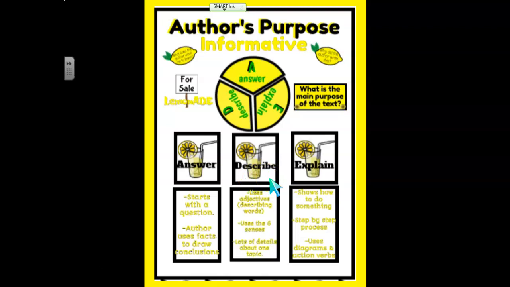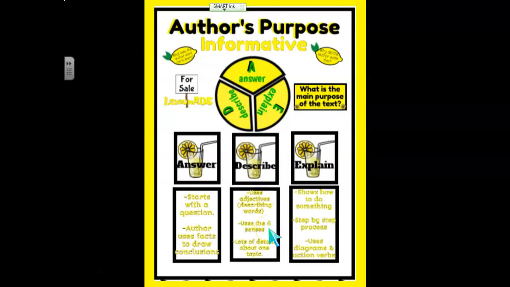Another reason an author may write is to describe something for us. All right, yesterday when we read about the garden, the author decided to describe the garden. All right, when we use that, the author will choose to use adjectives or describing words. All right, in that one we had lots of describing words, describing all the beautiful colors in the garden.